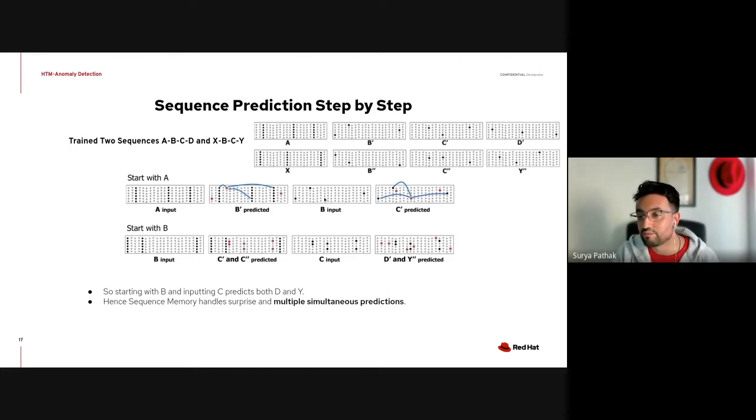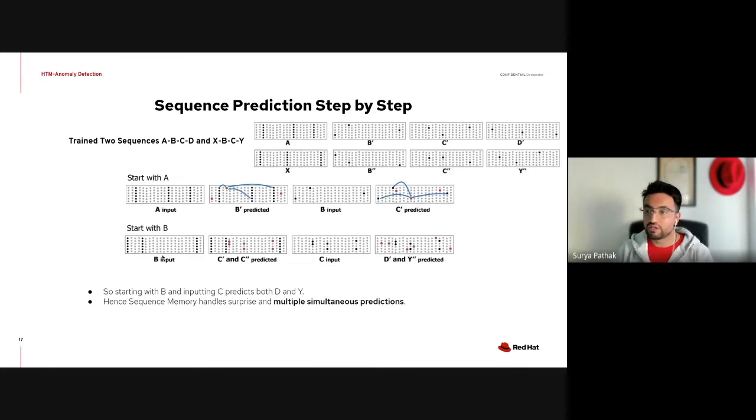And the next input is B, which is already predicted. Because of this predicted B input, it will then predict the next step C, which has a similar representation over here. Now, say for example, if instead of A or X, I input B.